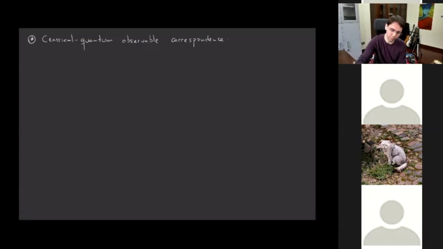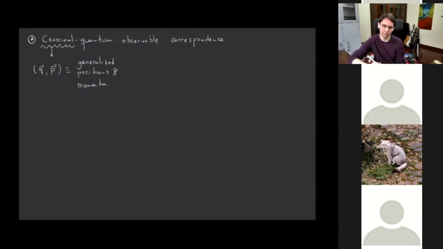And what this prescription says is the following. When we say classical system, what we mean is that the system is completely specified by a set of generalized positions and momenta. This is what we learn in, let's say, classical mechanics.